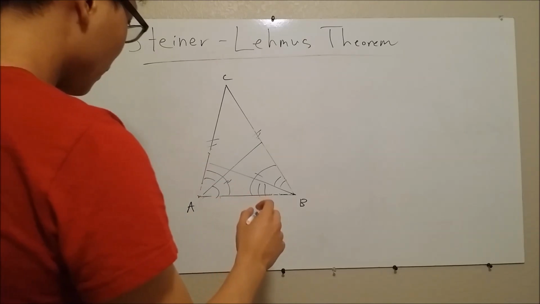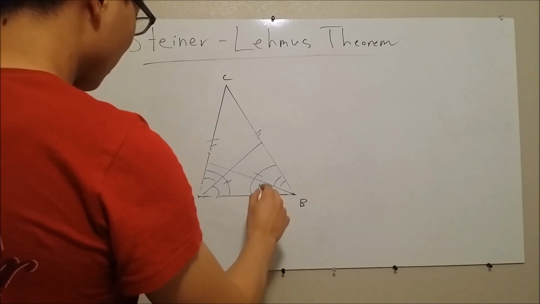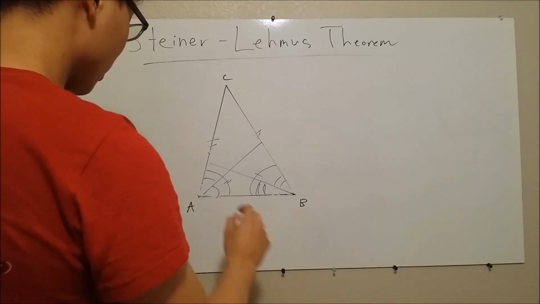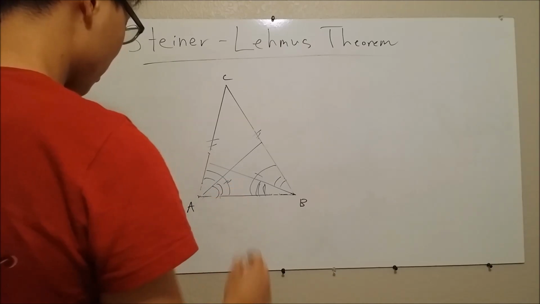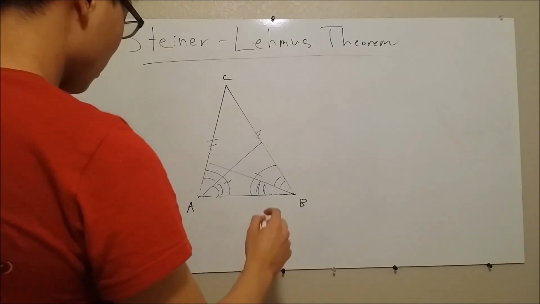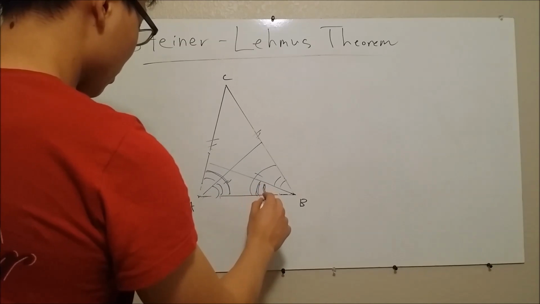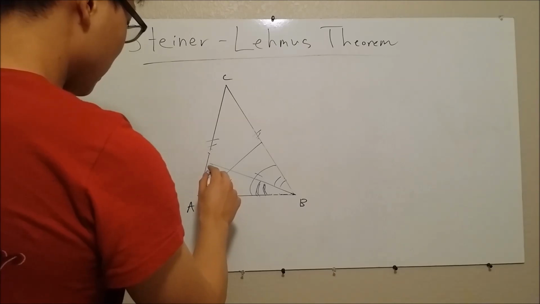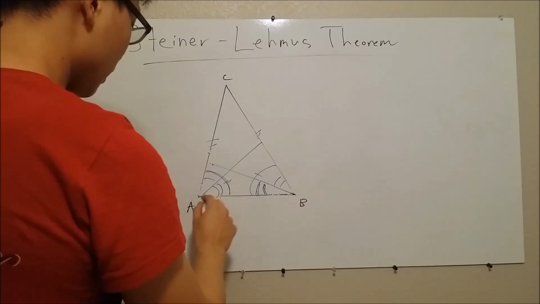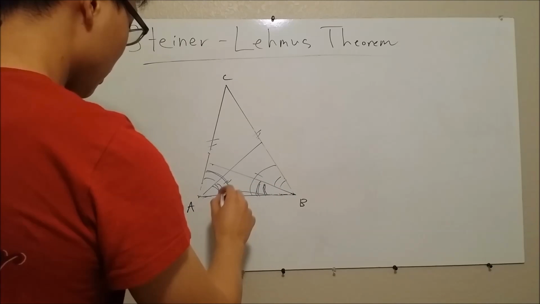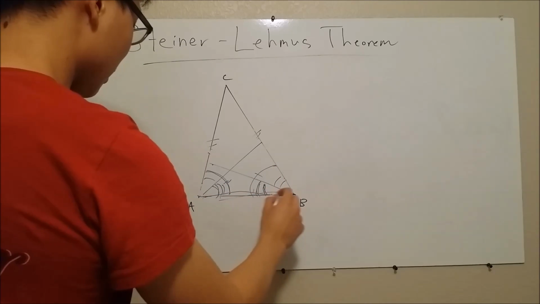And we have that this angle is equal to this angle right here, right? So this angle and this side correspond to this angle and this side.